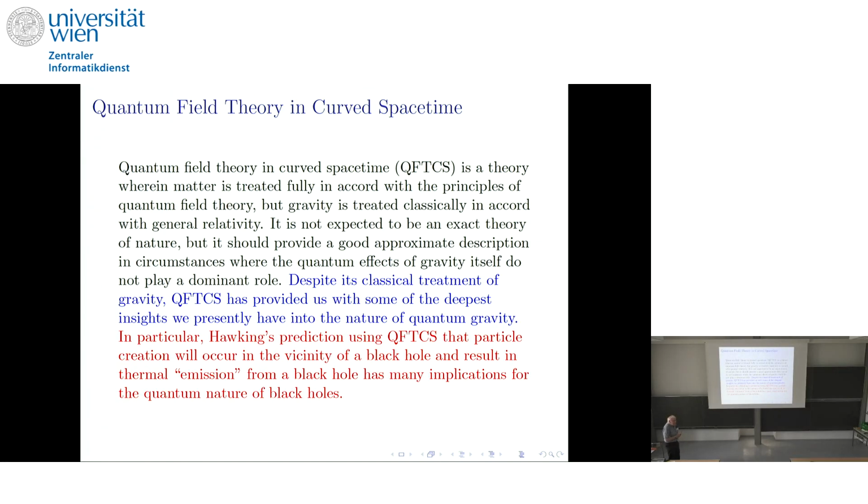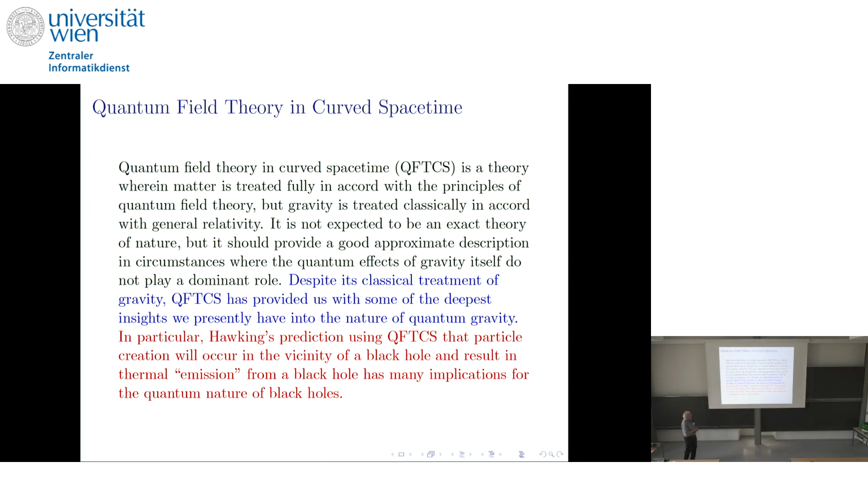So this is certainly not expected to be any sort of exact theory of nature. On the other hand, it ought to be a good approximation to describe situations where the quantum effects of gravity itself don't play a completely dominant role.